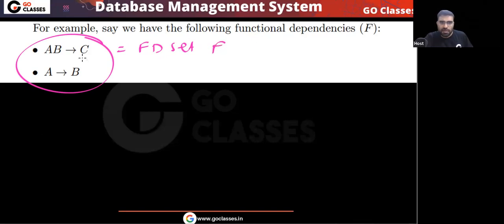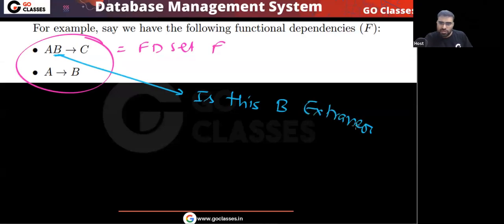You can see this B is on the LHS. Is this B extra? Let me know.